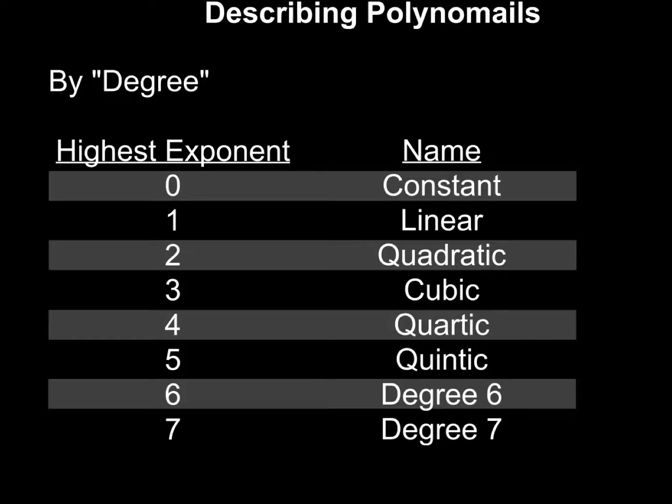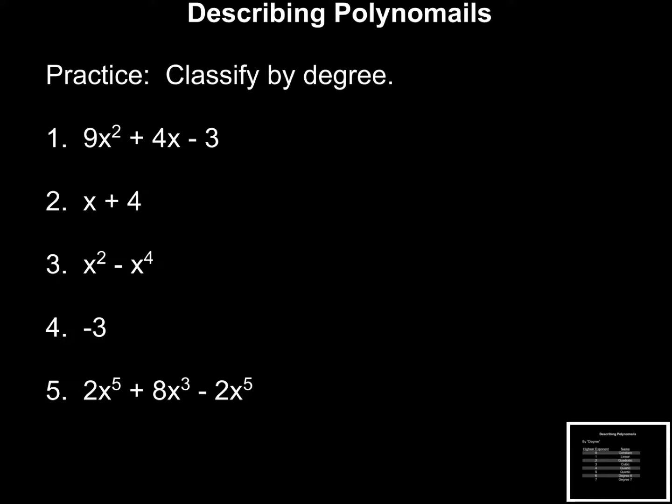All right, so now I want to practice these ideas. We're going to classify each of these 5 polynomials by degree. So we're going to go ahead and work these through together. So number 1. Remember, the degree is the highest exponent. So taking a look at number 1, what is the highest exponent there? So I look at the x's.